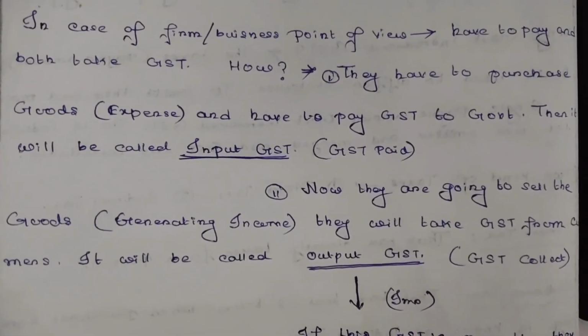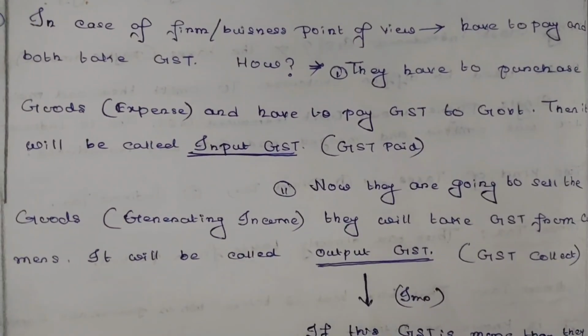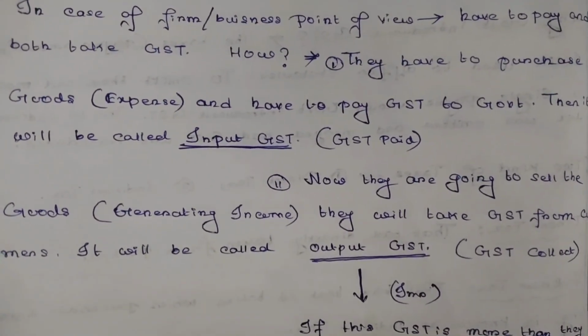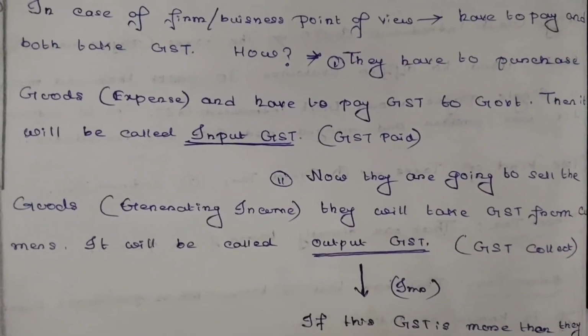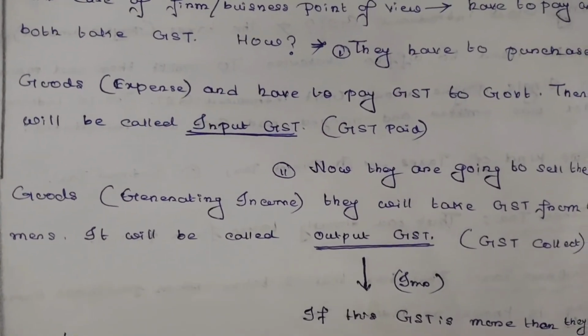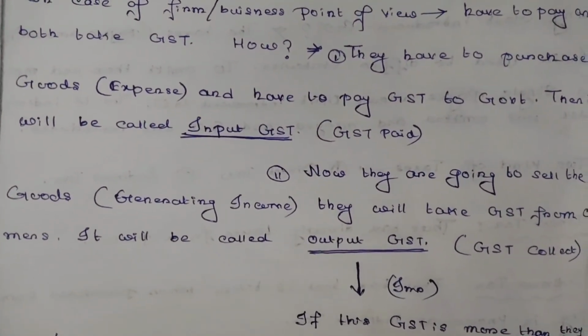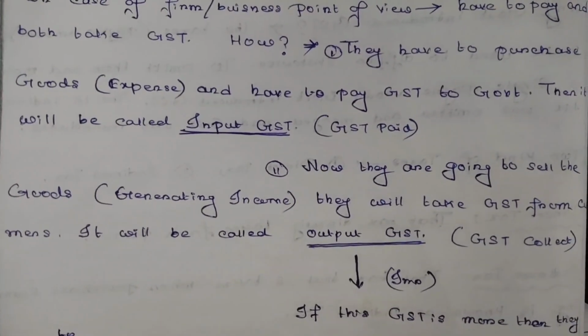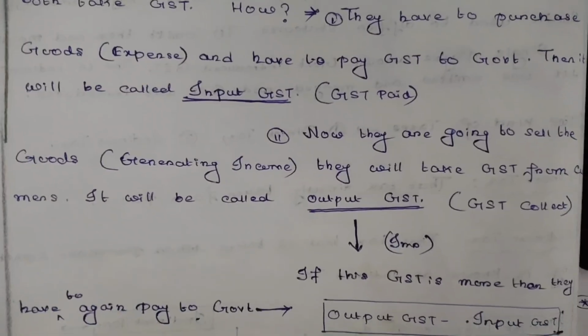Now, when they are going to sell the goods to the customers or individuals, they will generate some income, and they will take GST from those customers. Then we will call it output GST. Am I clear? The GST that is collected from customers is known as output GST.